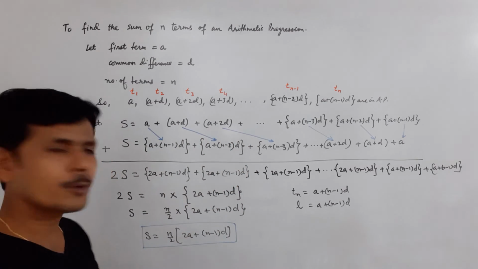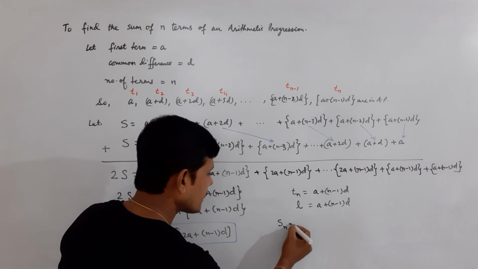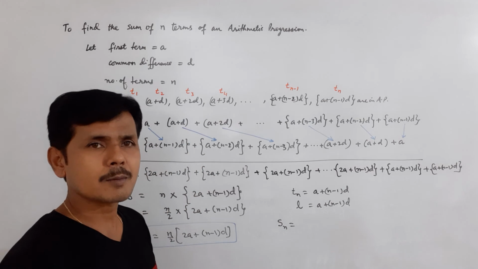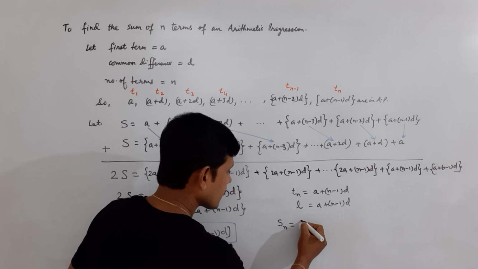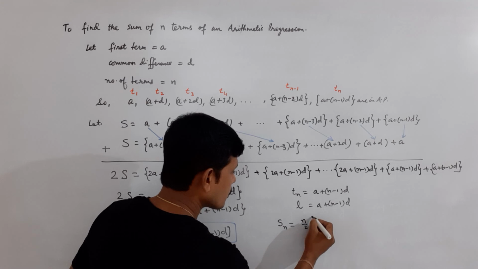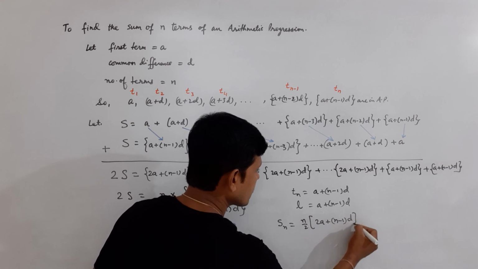Now just see, we have just found the sum of n terms equal to n upon 2 (2A plus (n minus 1) times D).